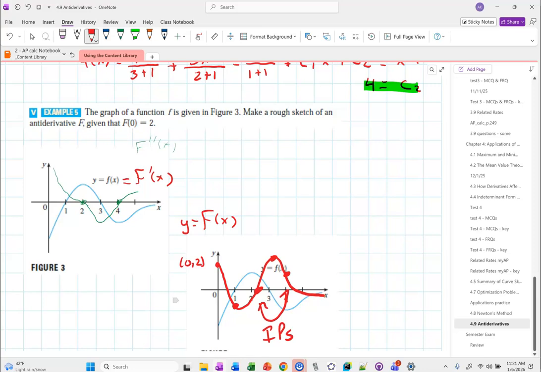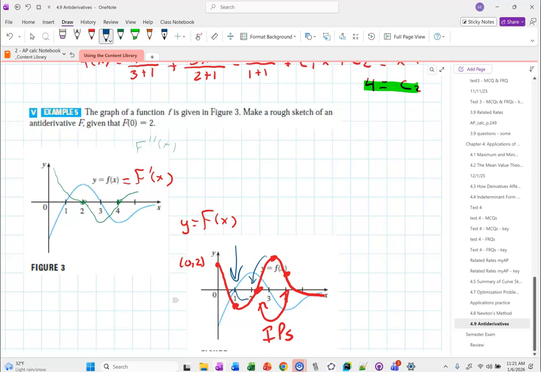So I found there's two inflection points where concavity changes. The first one at 2 changes from concave up, like a cup, to concave down, like a hill, where water runs off of it, which is what we're seeing here, right? I would catch water, and then here water would run down.